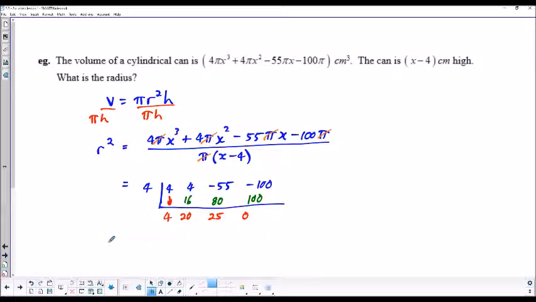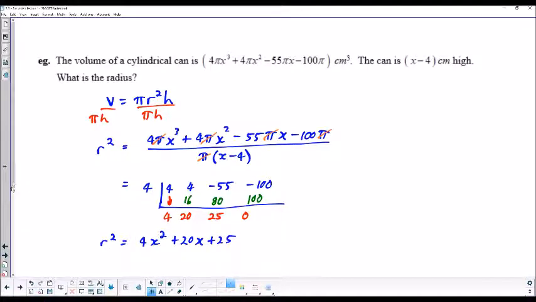So the quotient is 4x squared. We started with an x cubed and divided by an x, so that gives us 4x squared plus 20x plus 25. Remainder 0, so we don't really even have to write that.